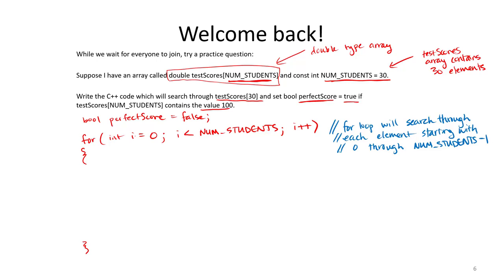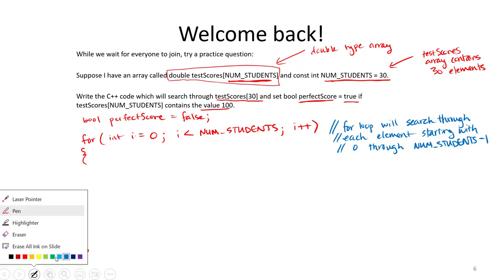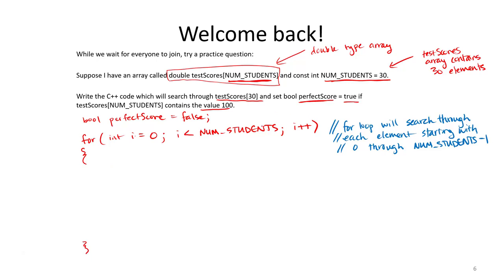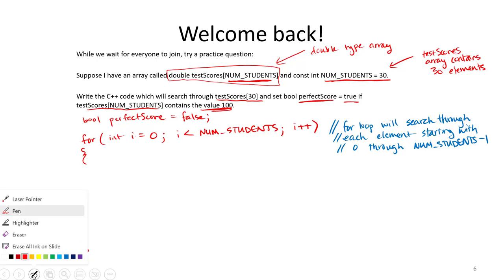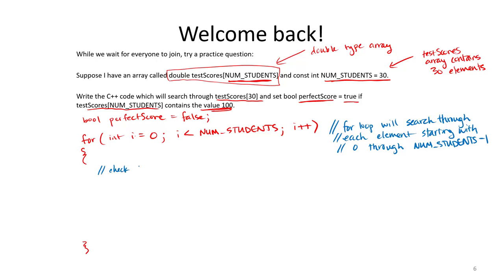Let's see what code we need to put inside our for loop. Inside our for loop, we need to use an if statement to check whether each element contains the value 100. So we need to check if the current element contains the value 100.